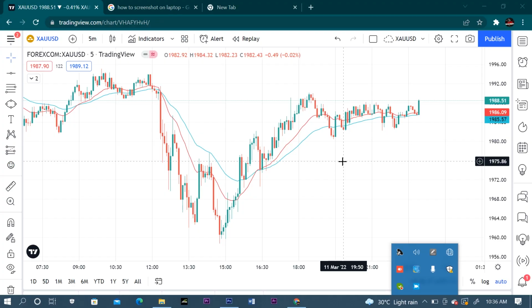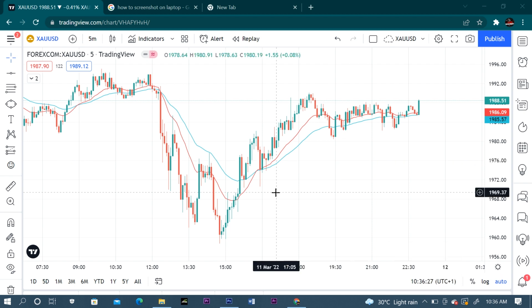So psychology levels are mainly whole numbers. They are levels where big banks, hedge funds, and big market traders pay attention. For example, if you go to the market to buy something, and someone says the price for these sneakers is 50,000 naira, you want to price the person in whole numbers.